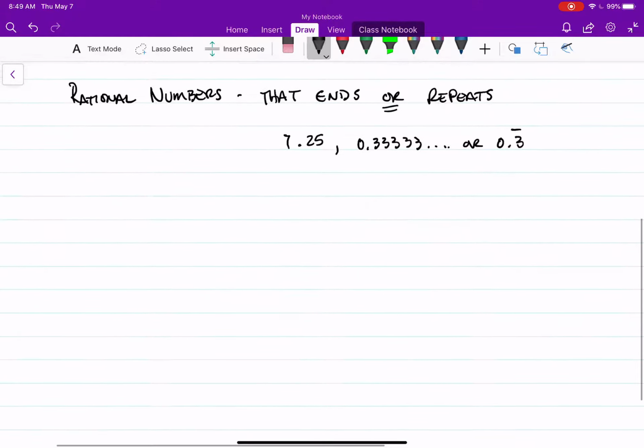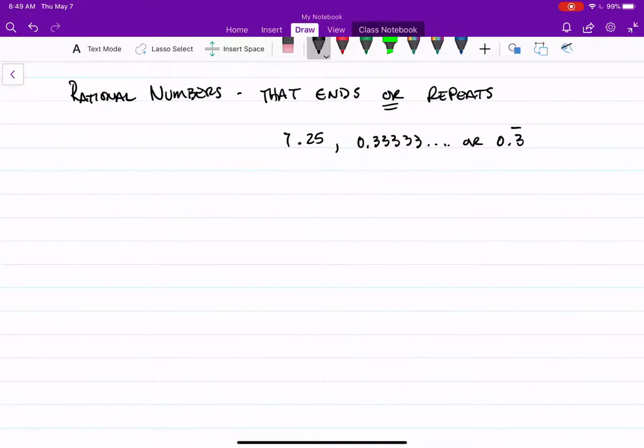Rational numbers are numbers that end or repeat, and we can write them as a fraction. Essentially, rational numbers are numbers that can be written as a fraction. So if you see a fraction, then you're talking about rational numbers.